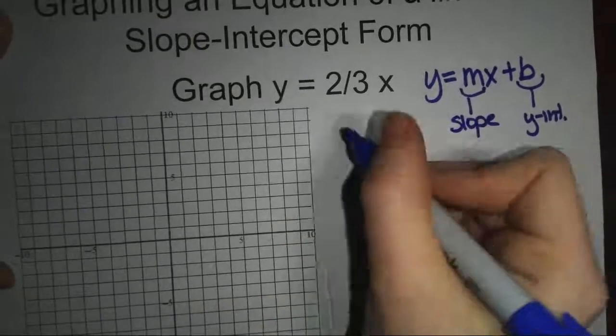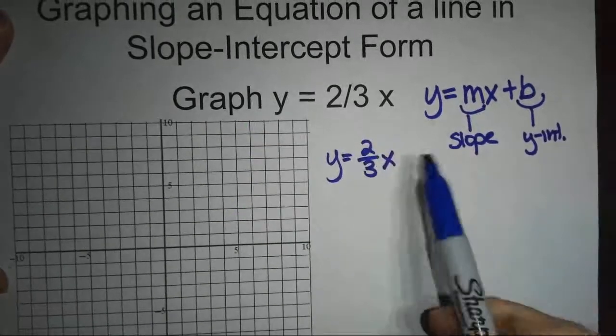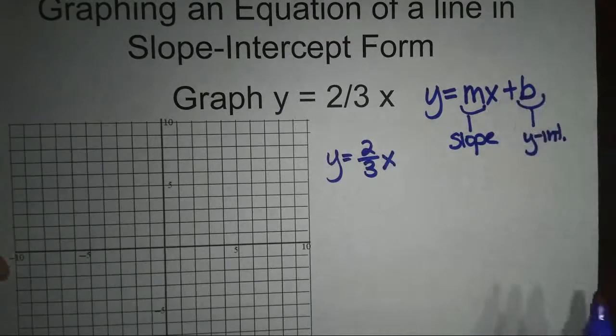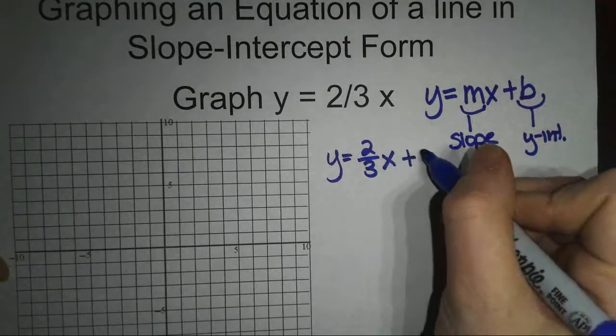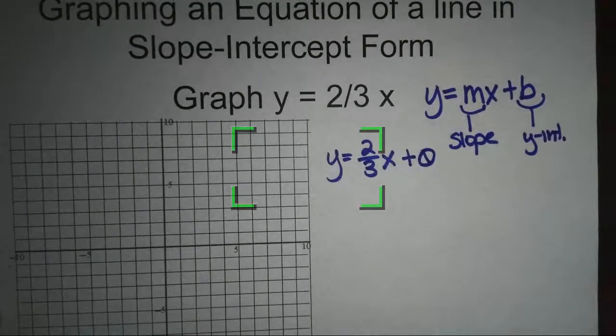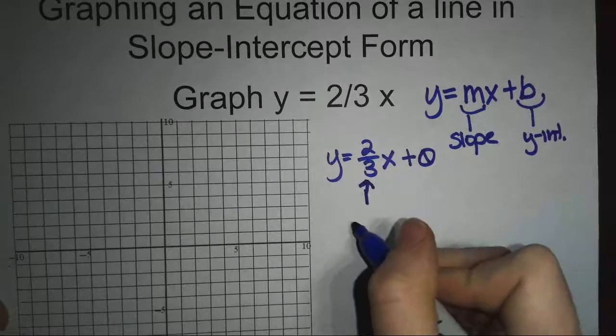So check out this. We've got y equals 2/3 x, and we're not adding anything to this equation. Now, since we're not adding anything, we could say that we are adding 0, because adding nothing and adding 0 are the same thing. So now we have a slope right here. This is our slope.